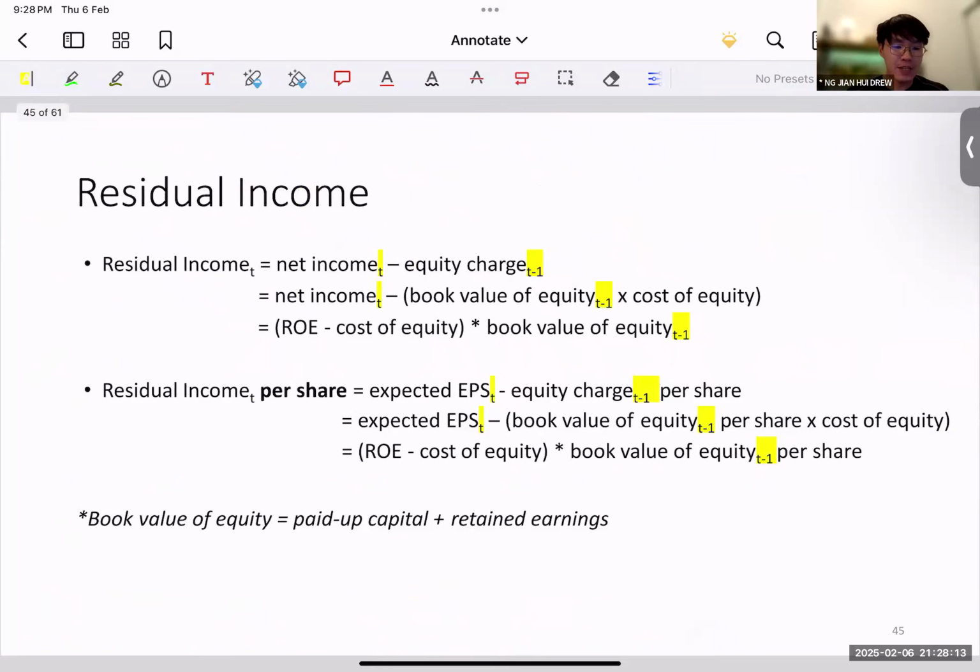Like I mentioned, there are two kinds of residual income. They are kind of the same: just residual income and residual income per share. So the formulation is kind of the same. So let's look at residual income first. Residual income equals your net income minus your equity charge.